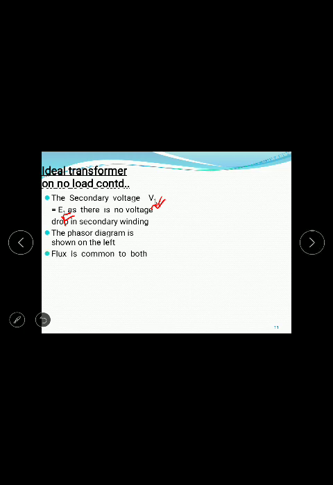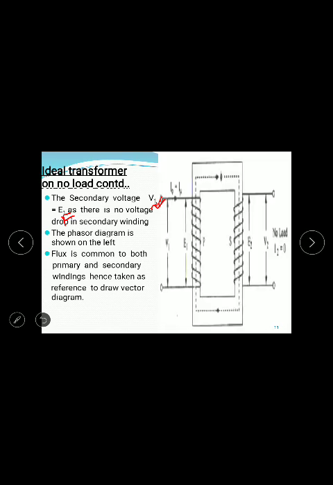The flux is common to both the primary side and the secondary side, and is hence taken as the reference to draw the vector diagram for the transformer.